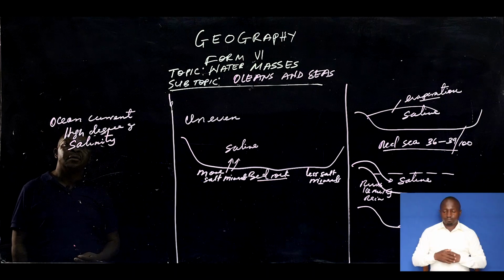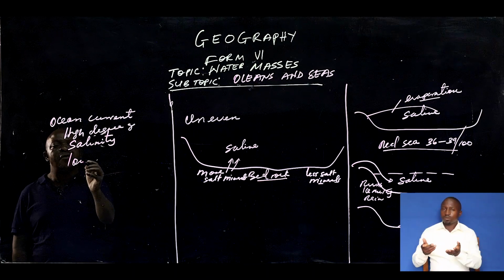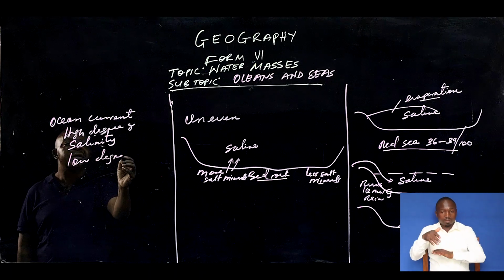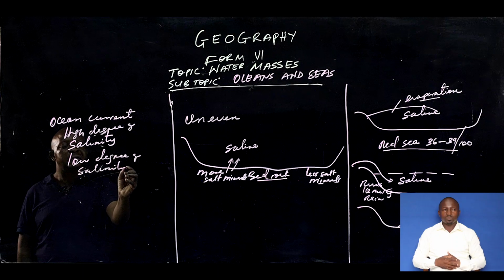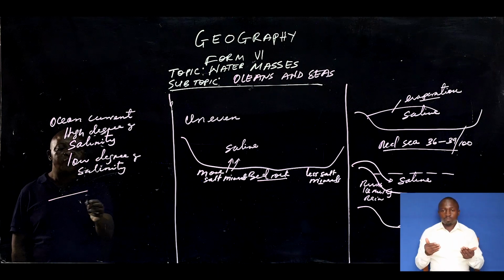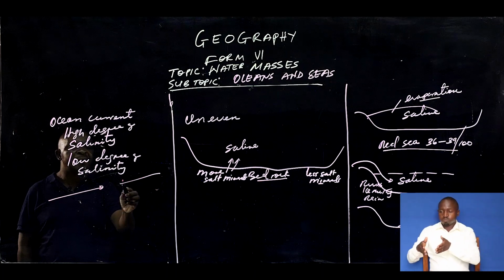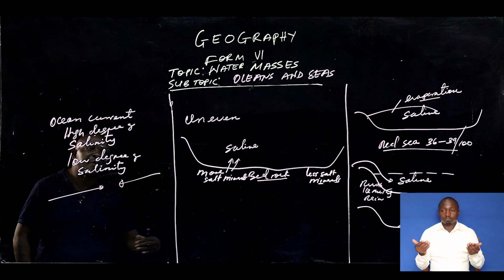Also, the water of the current may have a low degree of salinity. Now, the currents may move towards each other, converge and mix.